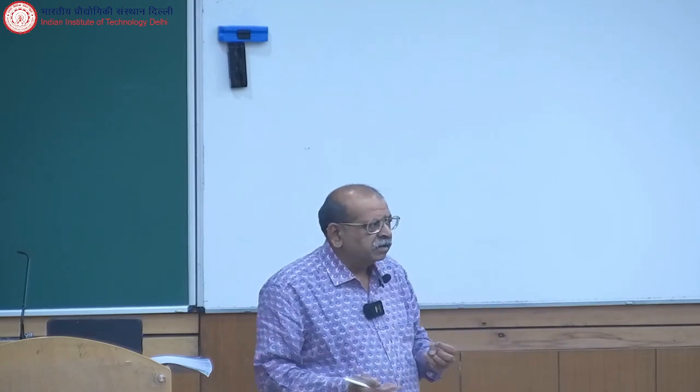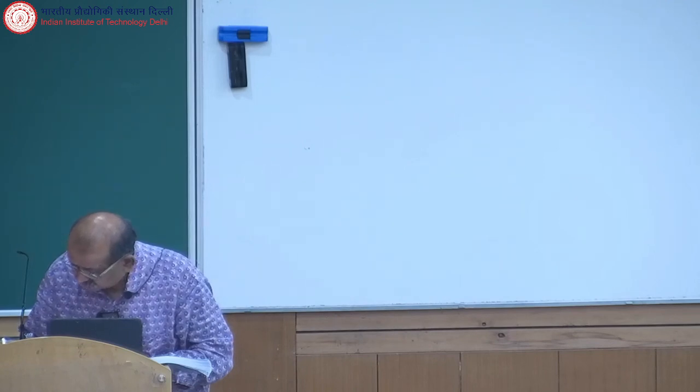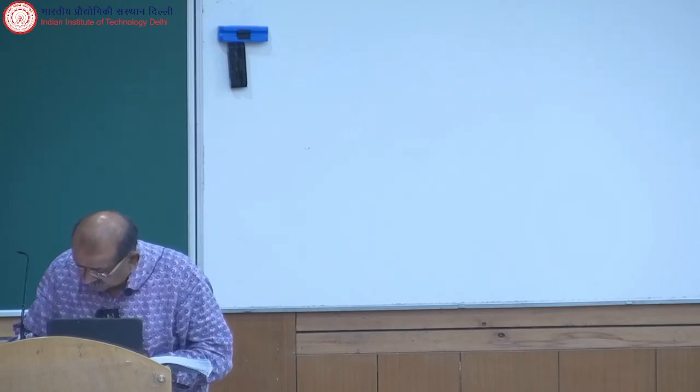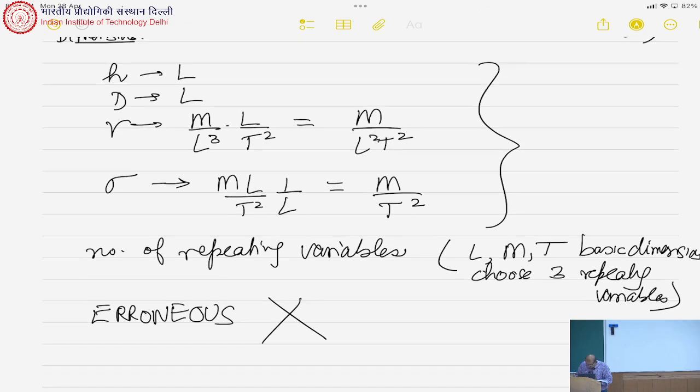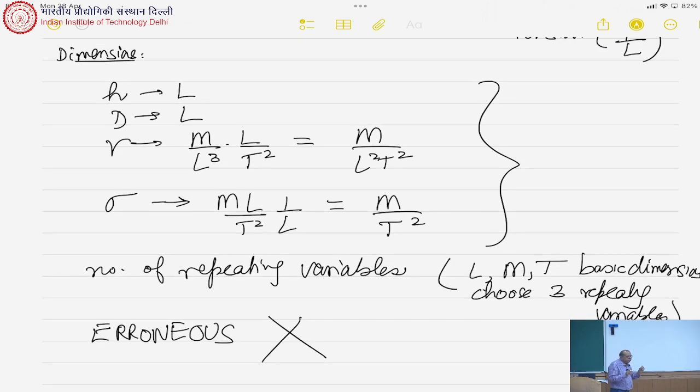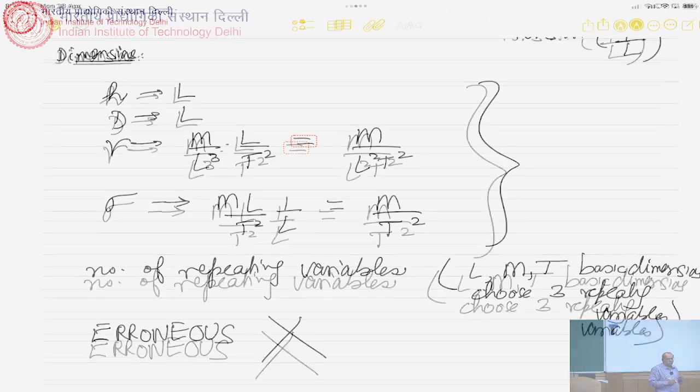So L, M and T. If we say L, M, T are the basic dimensions and choose 3 repeating variables, choosing 3 repeating variables is wrong in this problem.